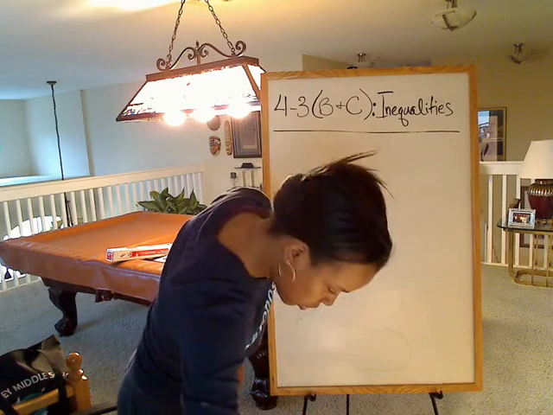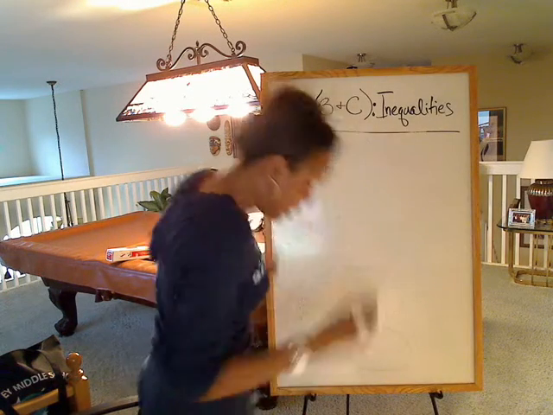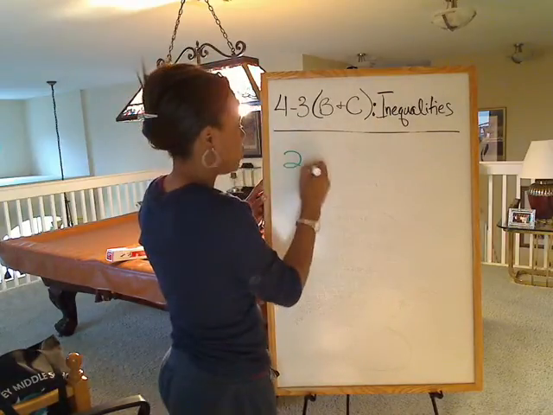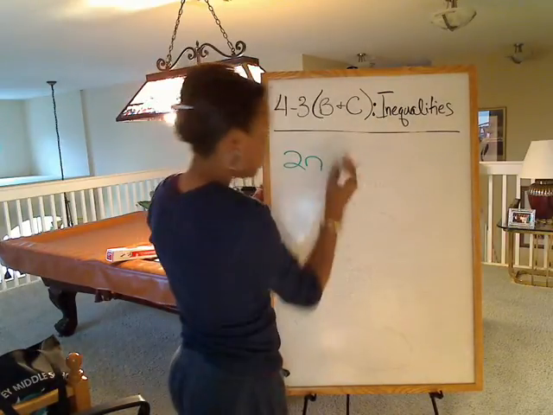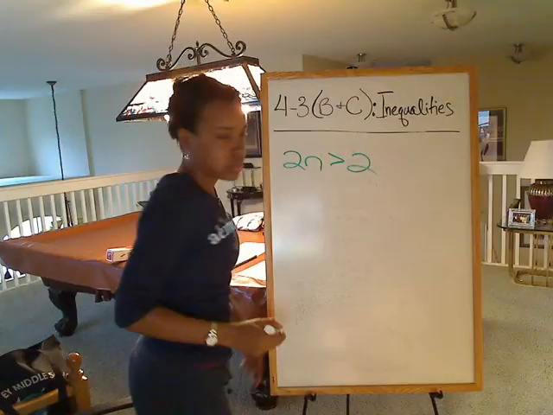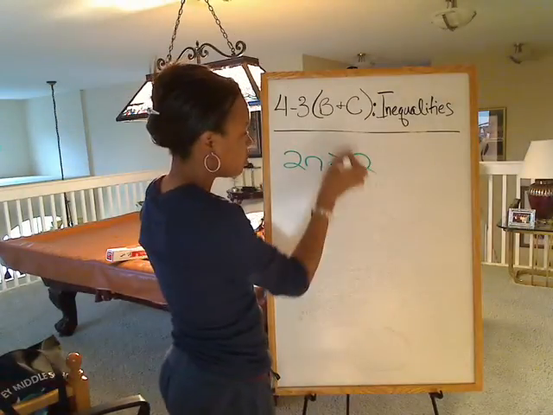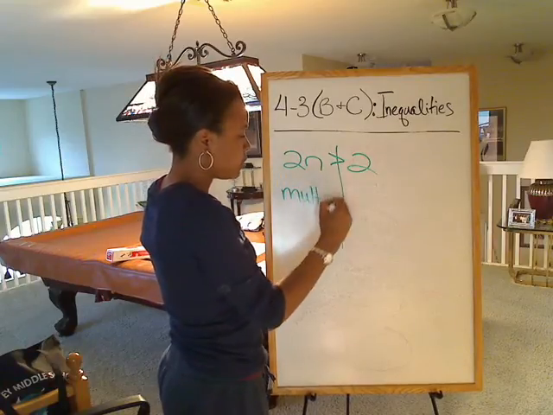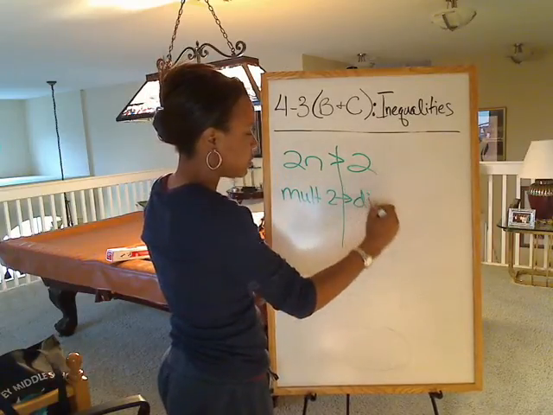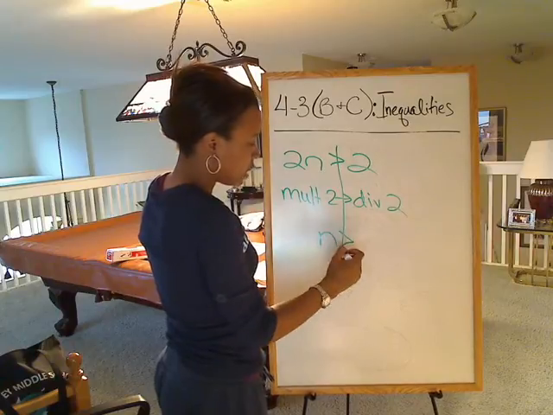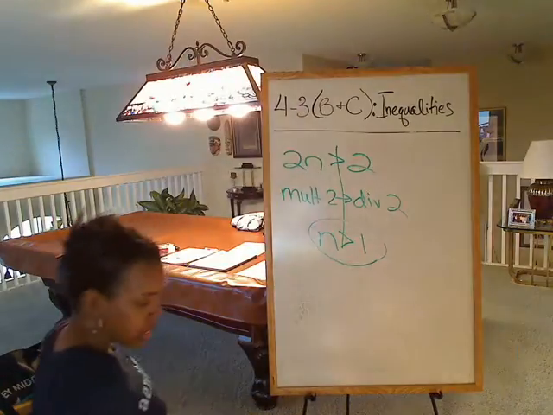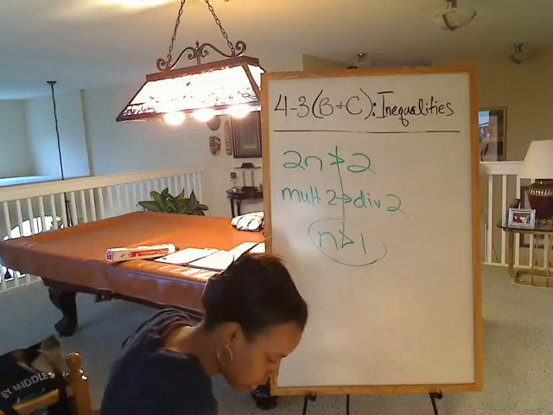Okay, so here's one with multiplication. 2n is greater than 2. Separate your inequality. They multiplied by 2, so you're going to divide by 2. And you get n is greater than 1. Final answer. Simple.